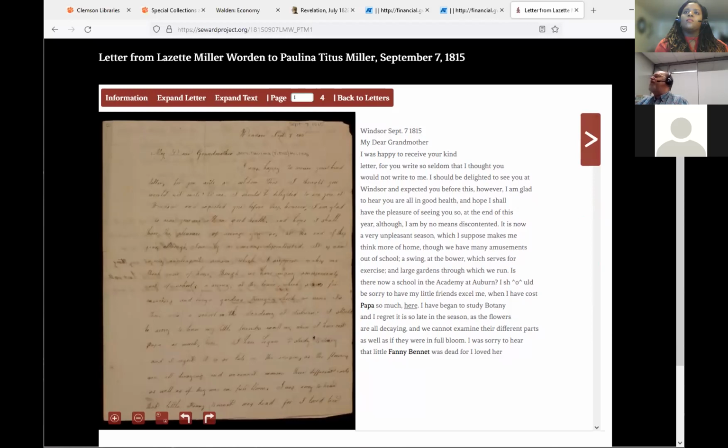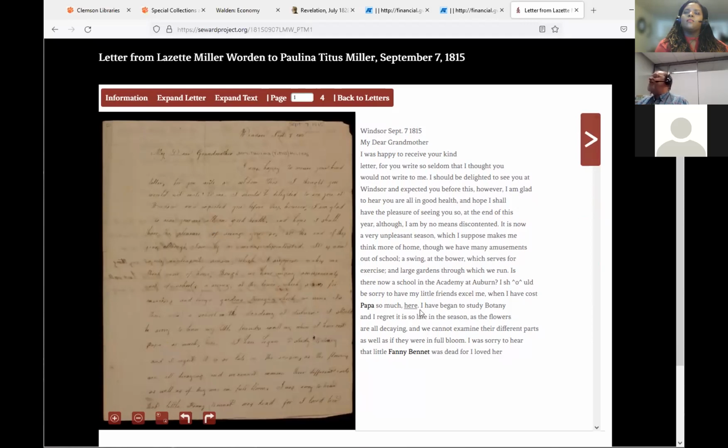The most famous member that you might know of is William Seward, who was Secretary of State in the Abraham Lincoln administration. And so, again, you have the image here and the transcription here.